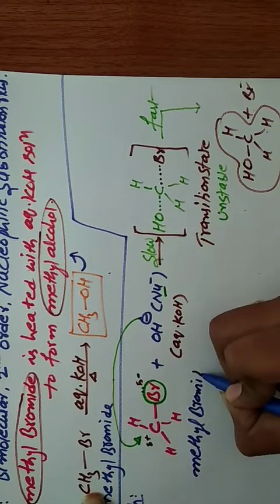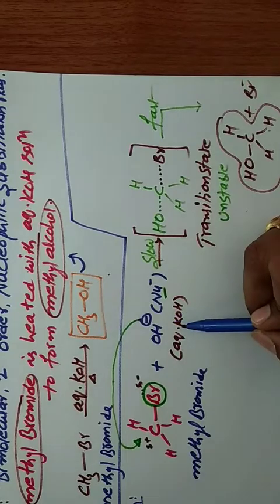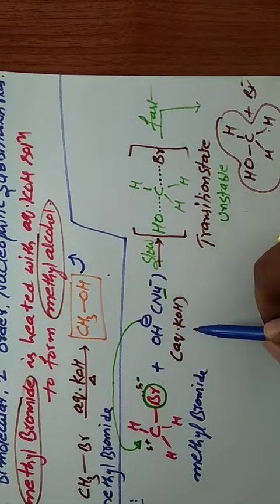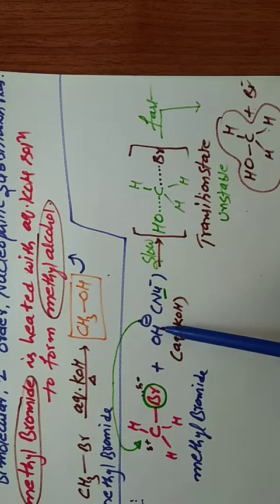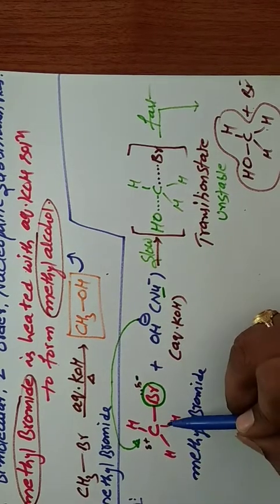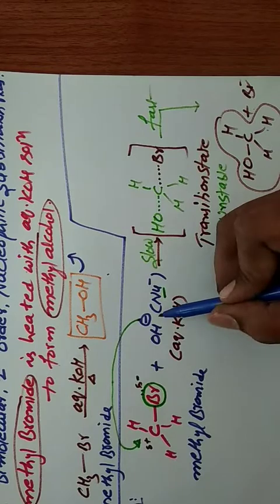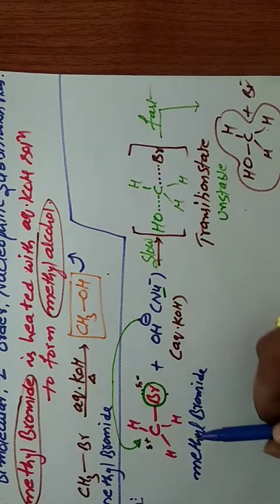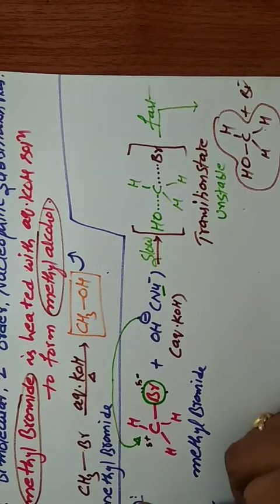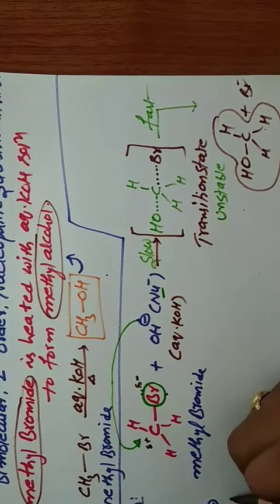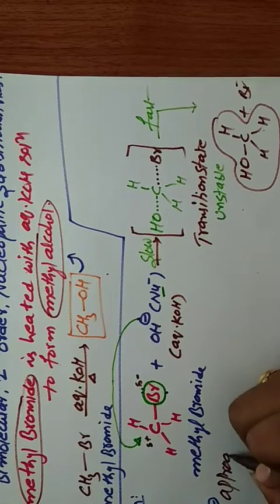A very, very important point: the nucleophile approaches the alkyl halide from the opposite side of the halogen atom.